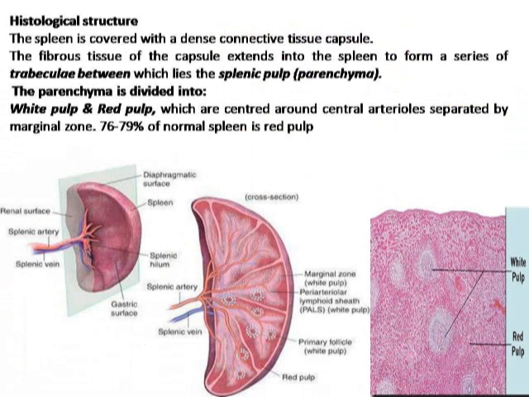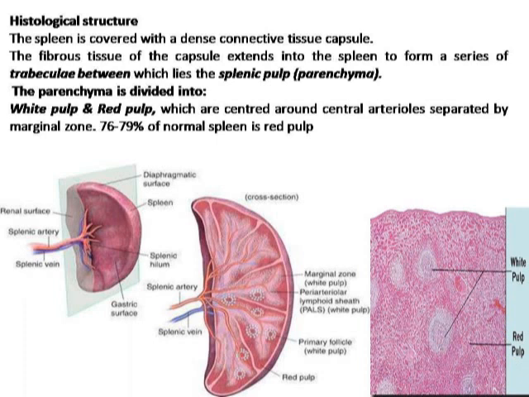Then coming to the most important part of this class, of this topic, this is the histological structure of the spleen.